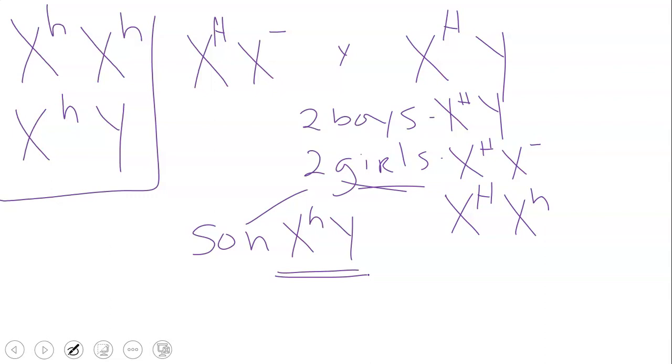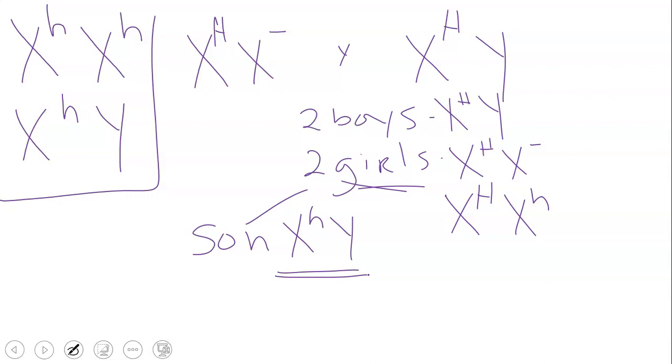So she would be X big H, X little h. We don't have enough information to tell us what the other girl is. So we would say one is definitely X big H, X little h. The other we're going to keep as X big H, X dash, because we're not sure.